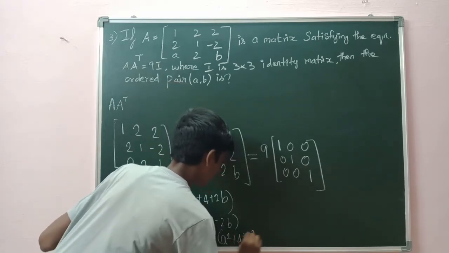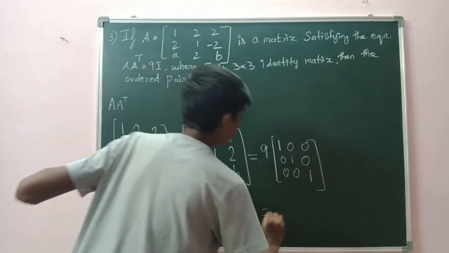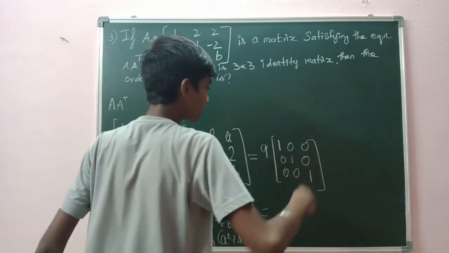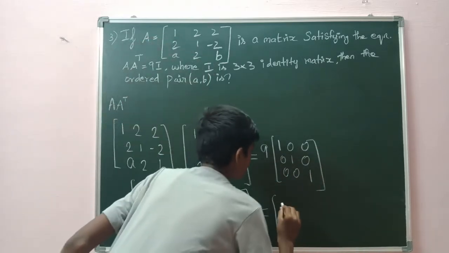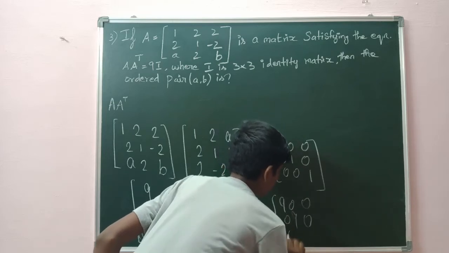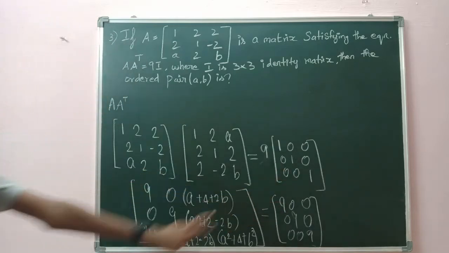And that's the multiplication of both these matrices, and that is equal to a scalar product. 9 is a scalar, no? So when you multiply each and every element by 9, you will get 9 0 0, 0 9 0, 0 0 9. Just multiply 9 with every element of this matrix.